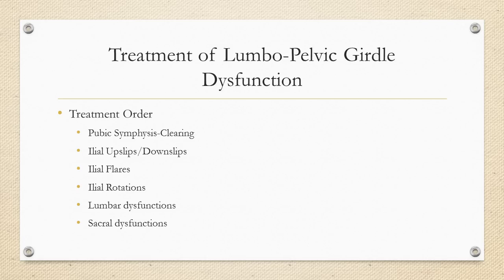You can certainly use muscle energy techniques or joint mobilization to correct the anomaly. And when you're dealing with ilial rotations, keep in mind that even if it's a few millimeters, it is going to change the length tension relationship of the muscles. If we think of the cross bridges of the actin and myosin, if a muscle is in a lengthened state, the actin and myosin fibers are not going to be able to attach the cross bridges effectively, which is going to affect strength.